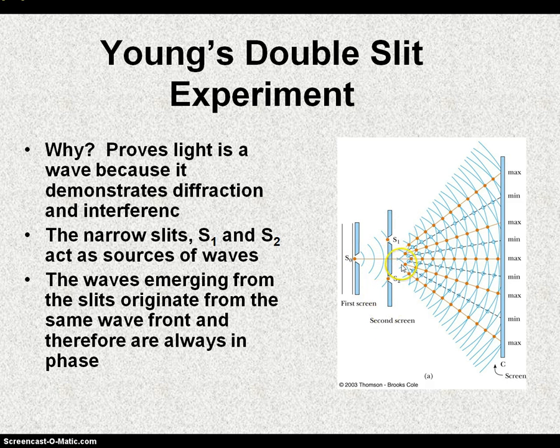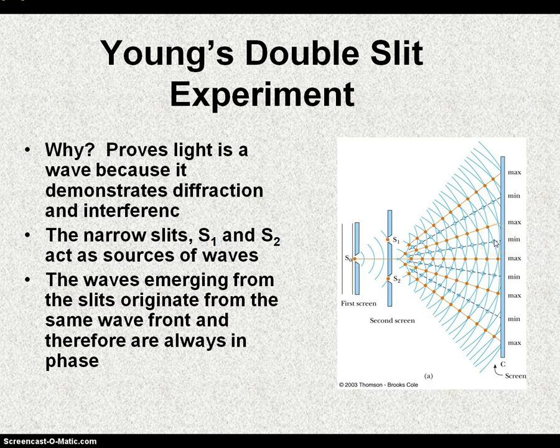And then you had another screen that had two slits, and then these slits would then cause the light to diffract as it moved through these slits, and the light would then arrive at some screen over here, and we would see what are called minimum and maximum points. The maximum points are places where we are observing constructive interference. The minimum points are where we're seeing destructive interference.